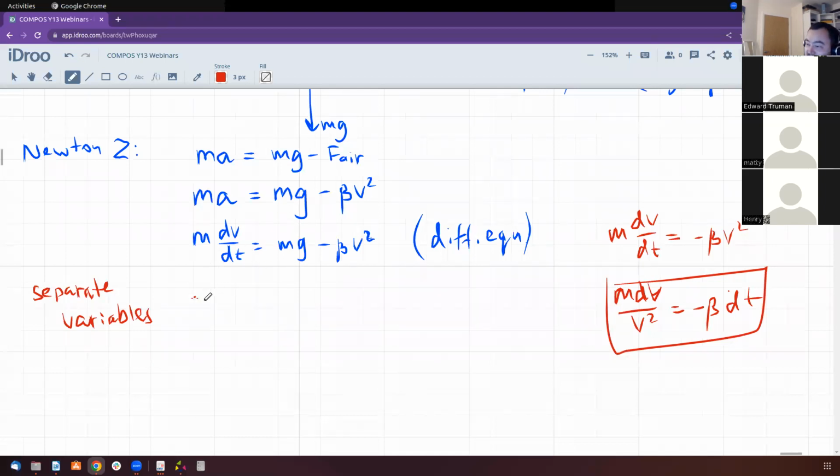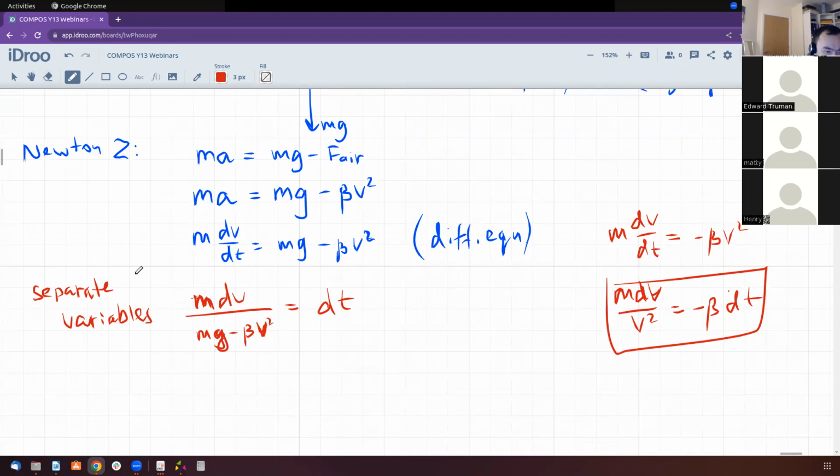Yes, Maya, well done. You divide both sides by mg minus beta v squared. m dv over mg minus beta v squared is equal to dt, because there's nothing left here. And now I see everything: v is on the left and t is on the right.